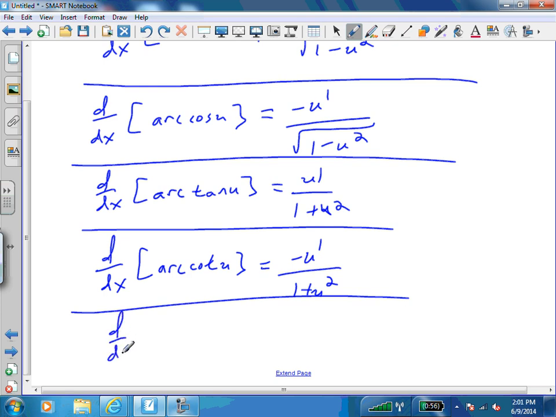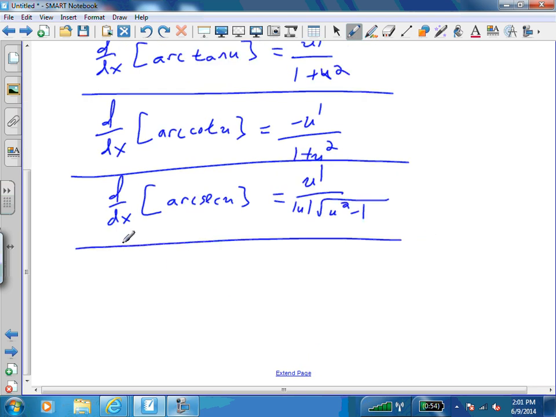And for secant and cosecant, they're going to be the same except for a negative. So u prime over absolute value of u times the square root of u squared minus 1. Arc cosecant is the same except for the negative.